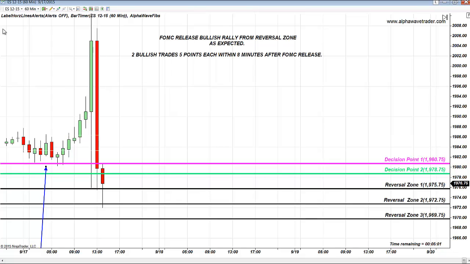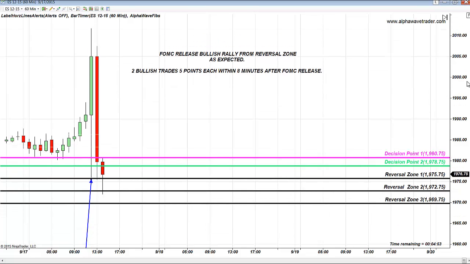I will find in a couple of minutes before the close of the webinar the trading of today's FOMC from reversal zone. Each and every time the same formula, and this is exactly the reason you're witnessing what you're seeing currently on S&P. Never short into reversal zone. Buyers are waiting.